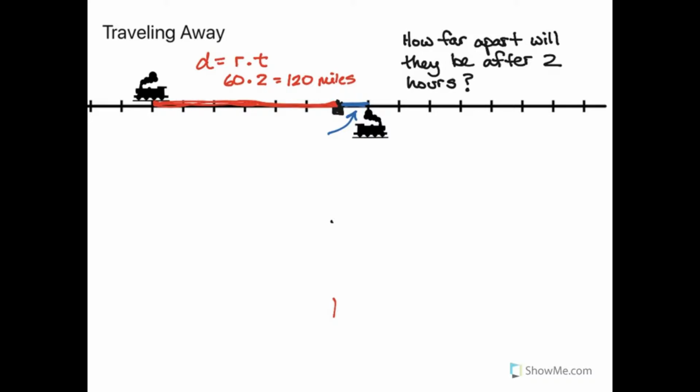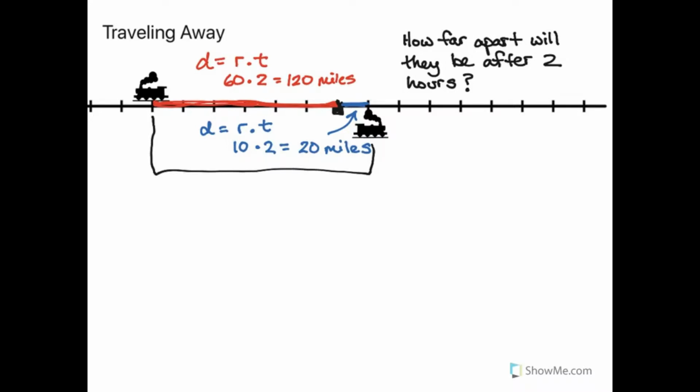The train traveling to the right has gone a distance equal to its rate times the time. Its rate is 10 miles an hour and the time is 2 hours, so it's gone a distance of 20 miles. Their distance apart is going to be the sum of the two individual distances they traveled from the starting point.